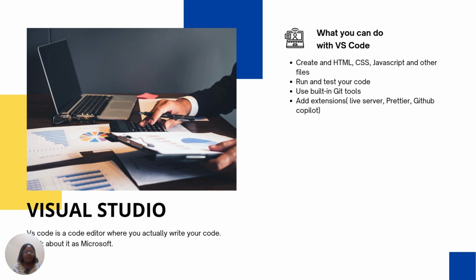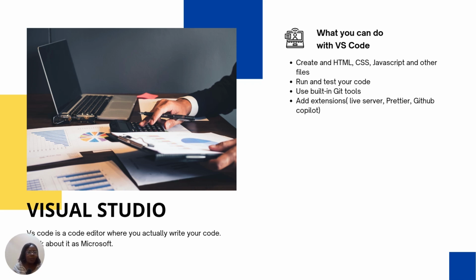And then another thing is you can add extensions. Extensions like Live Server. Yes, you use Live Server to test run your code to see the visual. You can also use Prettier to beautify your code, to make your code look prettier.